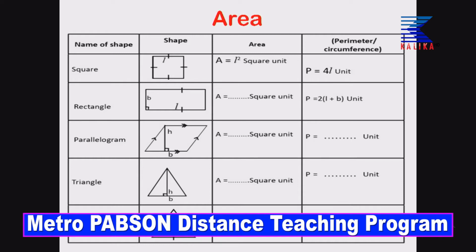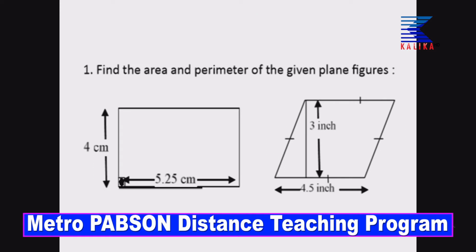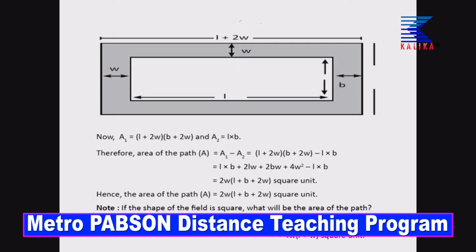Similarly, we completed all this calculation of area and perimeter of such geometrical plane figures. Then we got the area of shaded region. Then we completed this one as well. This is what you can see in the slide, dear students.